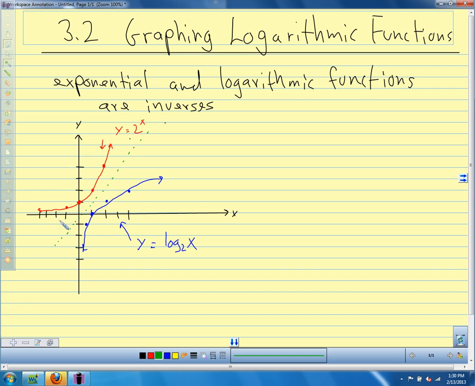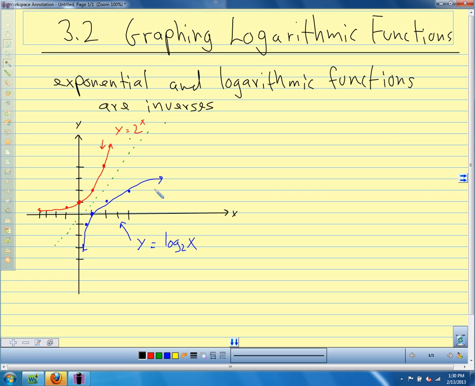So we said any exponential function's graph, if it's not shifted, is going to go through the point 0, 1, and it's going to look more or less like our red graph here. Any unshifted logarithmic function is going to look more or less like our blue graph here.